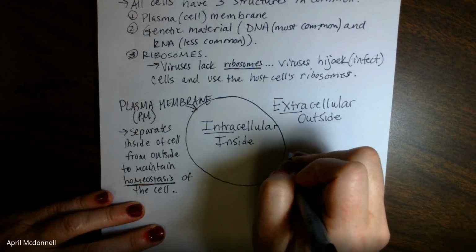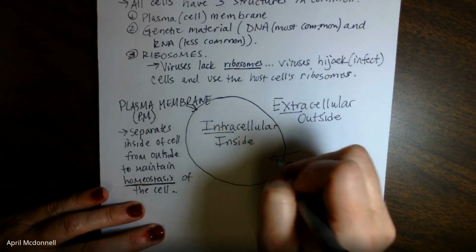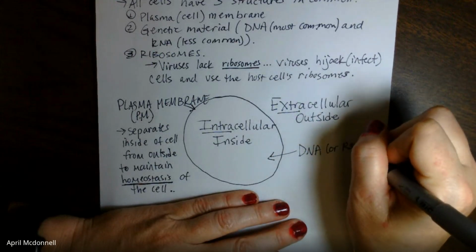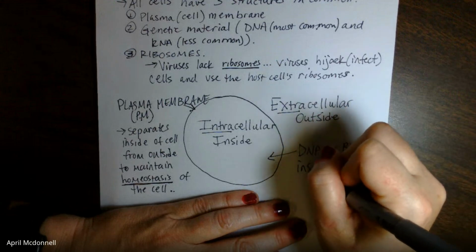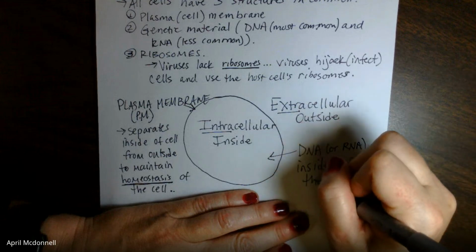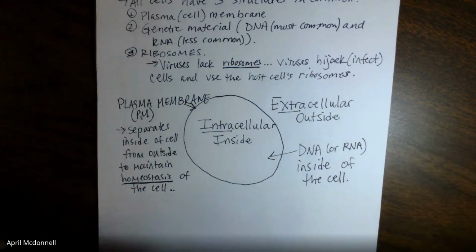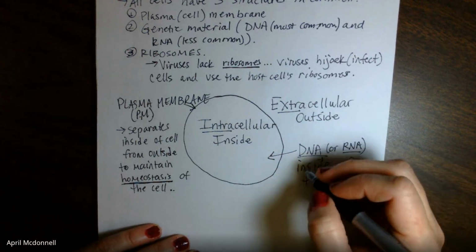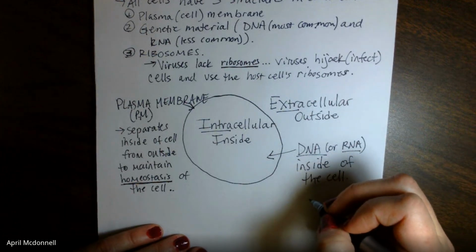All cells have DNA inside of the cell. And we will discuss the location of the DNA inside of different cells shortly. Remember that DNA and RNA are what we call genetic material.